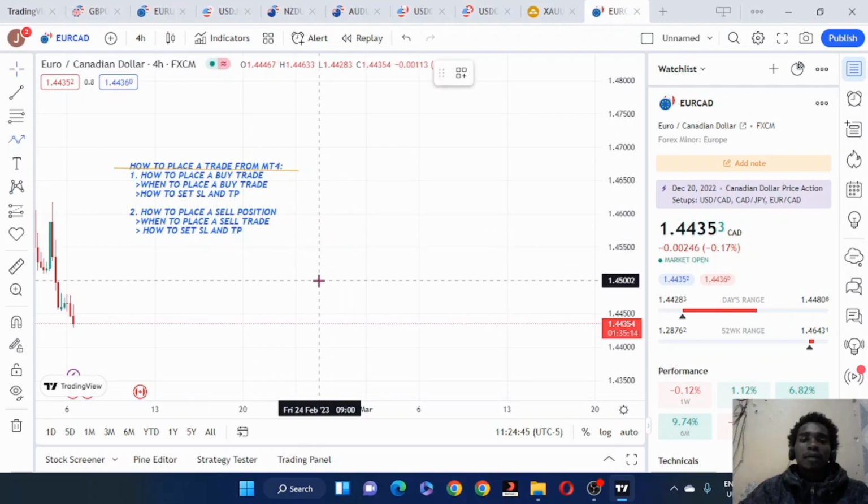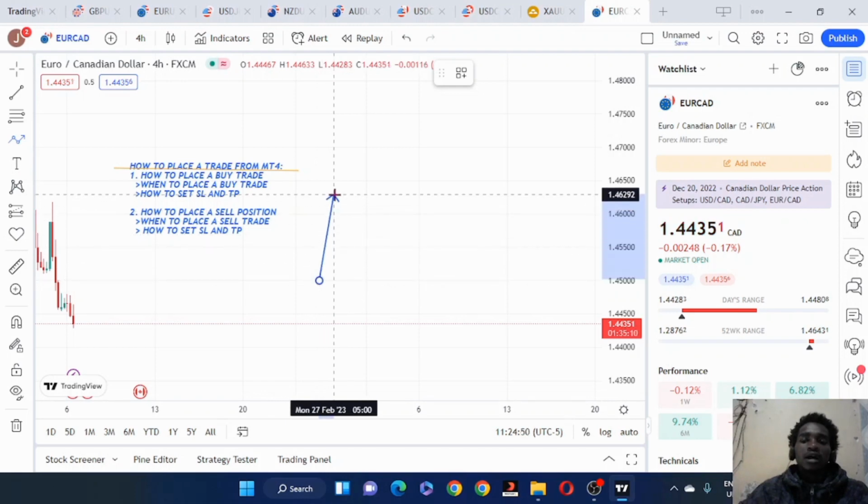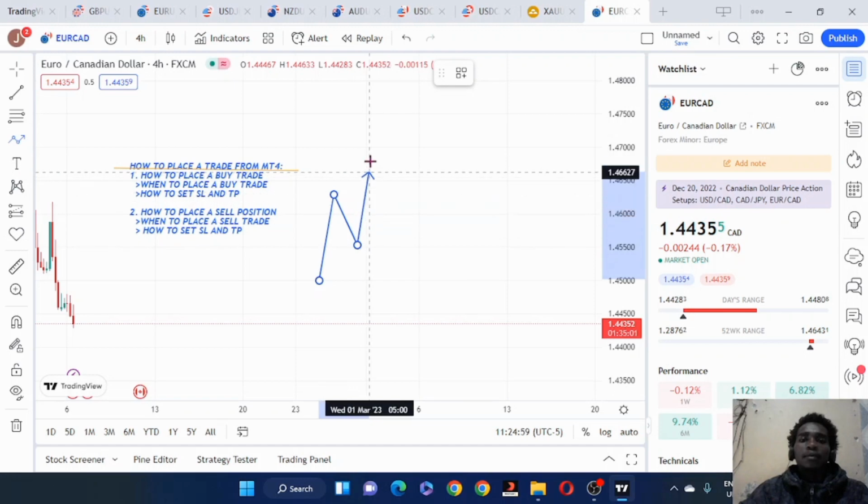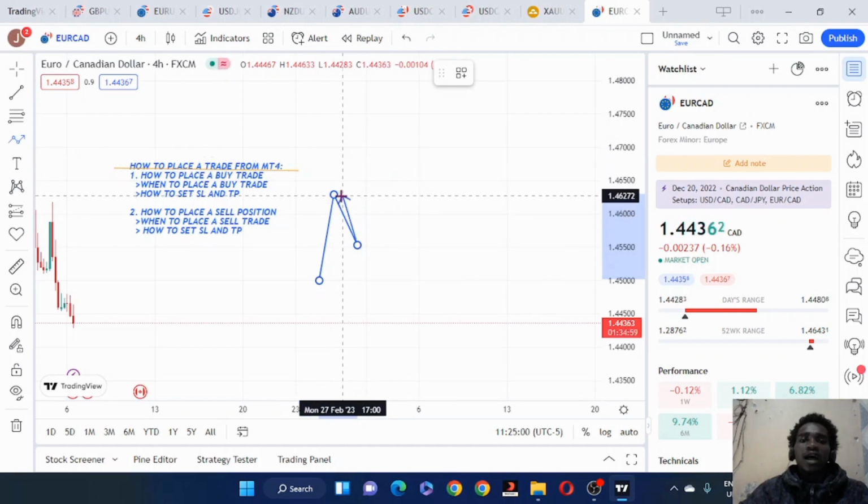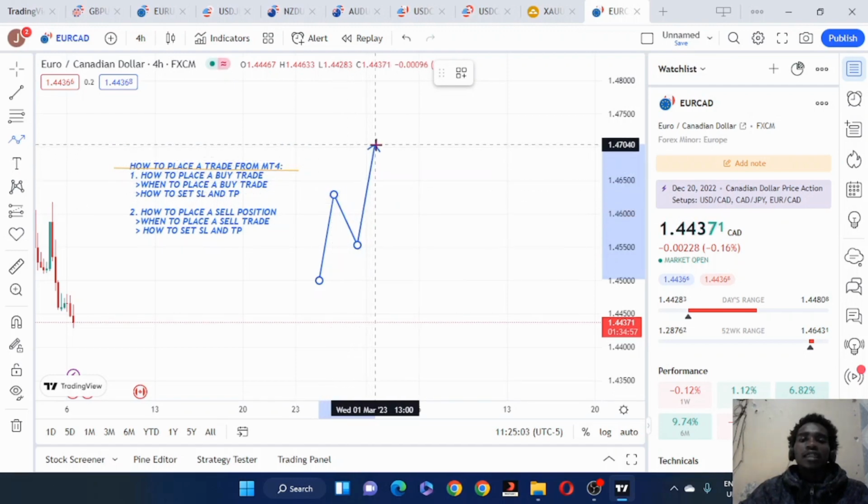Let's say, for example, a market makes a move upward, which is a high, then moves down, making a higher low, then moves up, breaking the previous high and making another high.